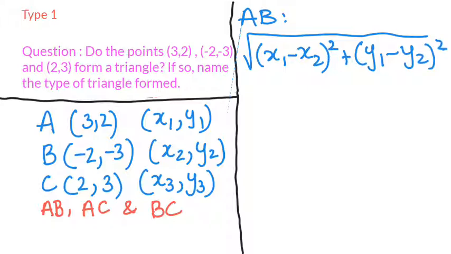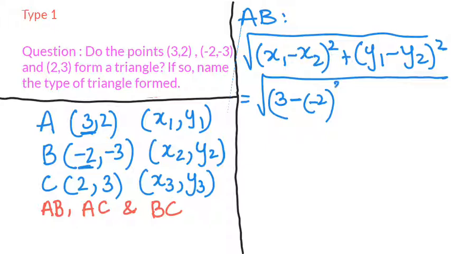So we'll just simply put the values in the formula. x1 is 3 minus x2 which is -2, the whole square, plus y1 which is 2 minus y2 which is -3, the whole square.